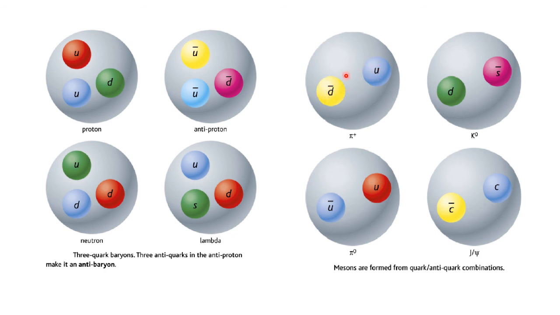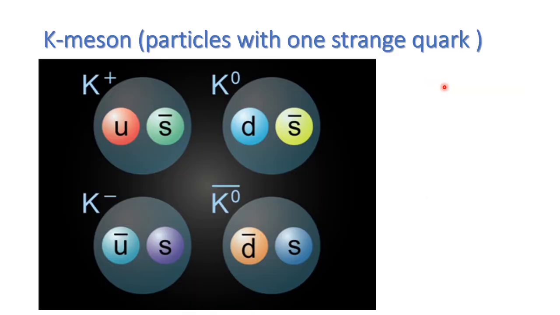That's the feature of a meson, consisting of a quark and an antiquark. Here also the meson, quark and antiquark. Another meson, quark and antiquark. If you want the antiparticle of this, then this antiquark will be a quark and this quark will be an antiquark. That's how it is expressed.